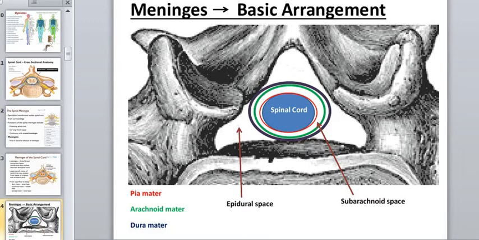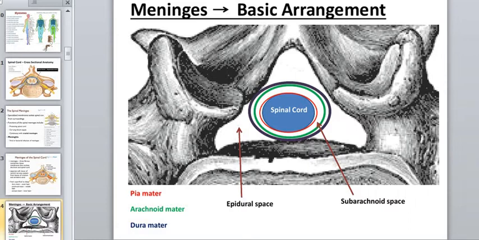This protective tissue includes the dura mater, the outer layer that protects our spinal cord from injury; the arachnoid mater, the middle layer between the epidural and subarachnoid space; and the pia mater, the inner layer that covers our spinal cord.